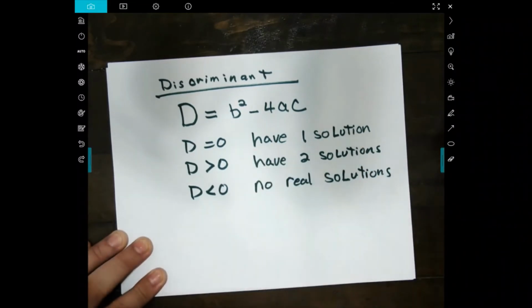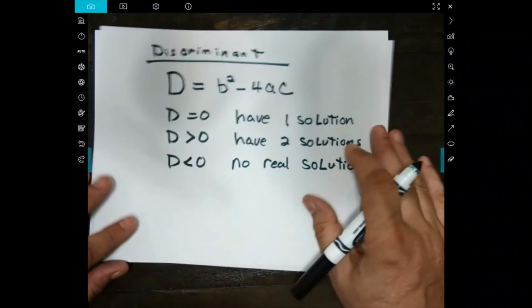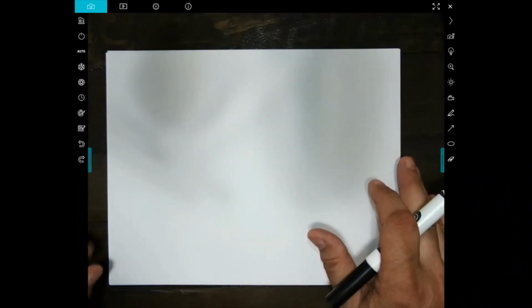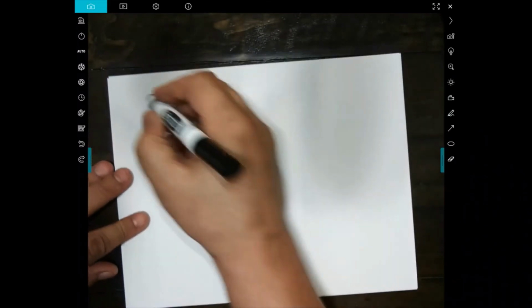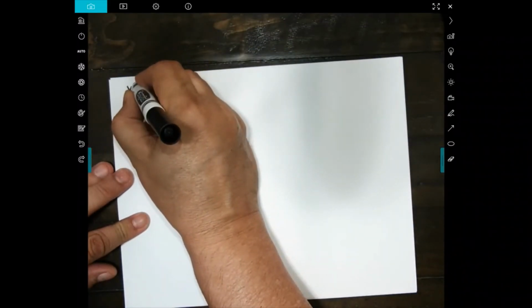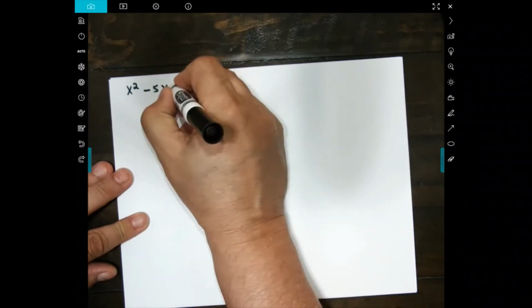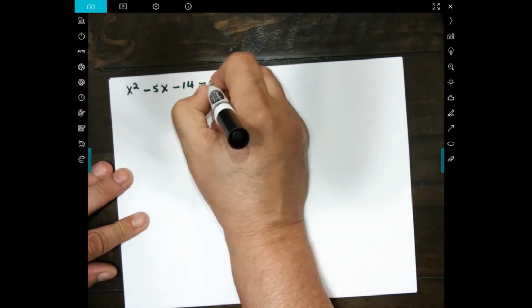Let's now look at an example. The example I'd like to look at is x squared minus 5x minus 14 equals 0.